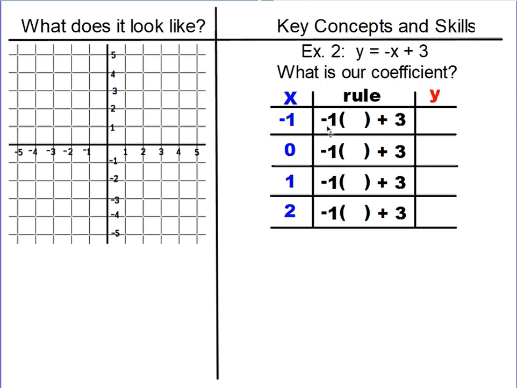So it's going to be -1 times your x value plus 3 for each of those rules. Just like before, you plug in your x values. And so for the first one, it would be -1 times -1, which is +1, plus 3 is 4. Again, as you go through these, it's very simple to be able to calculate.